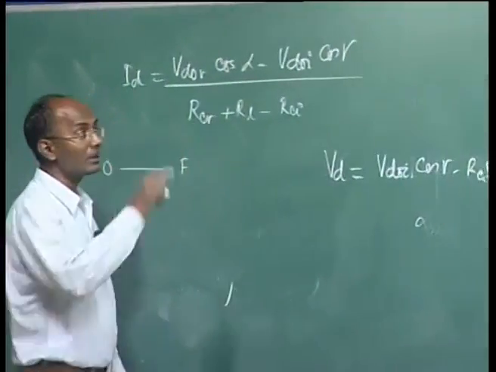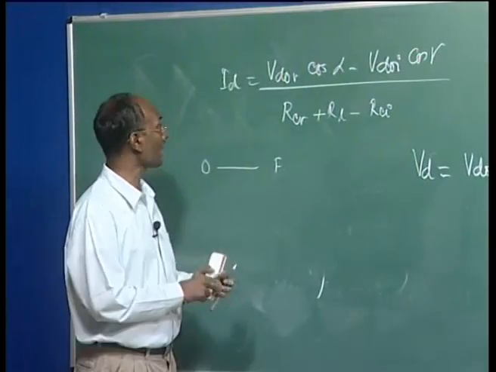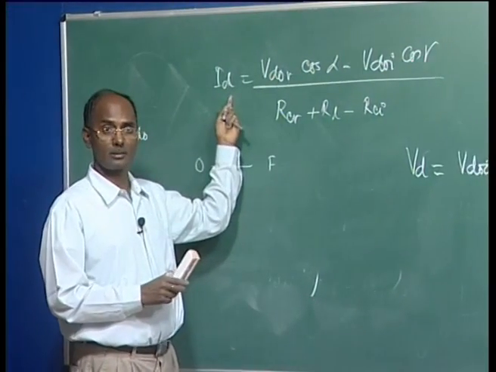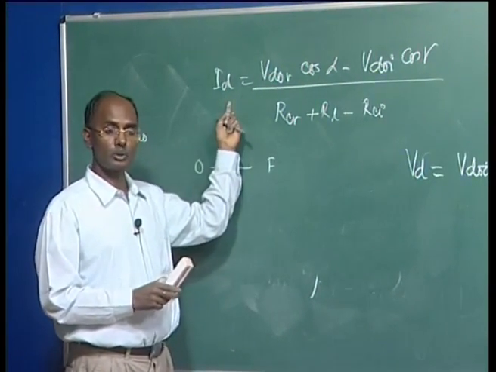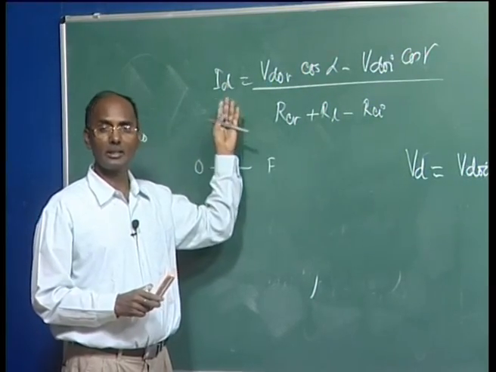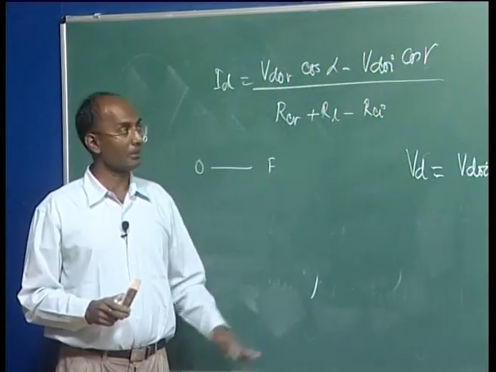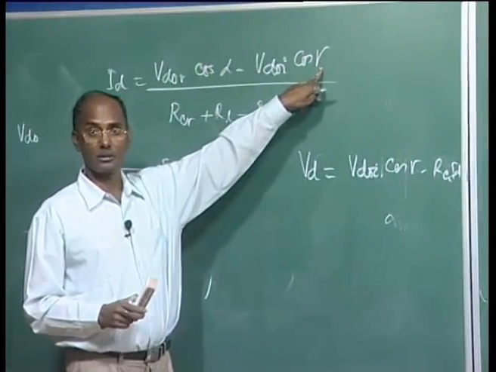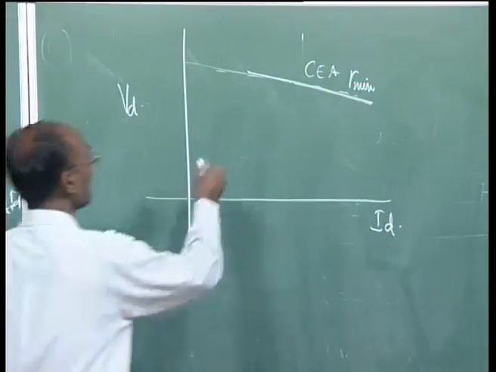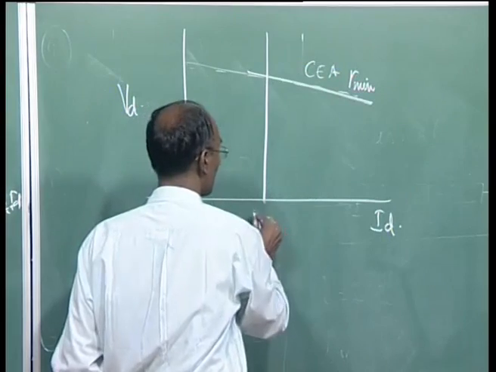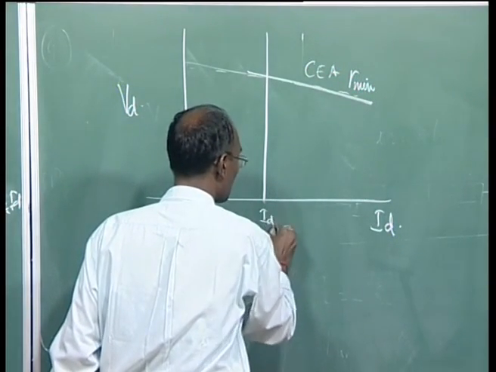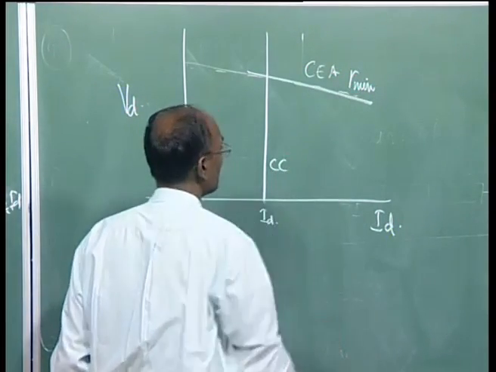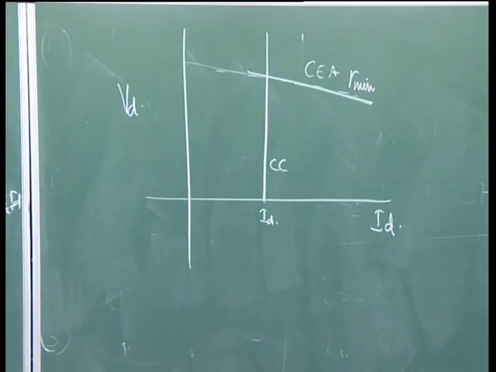Now, if it is in this one, then we require another option that this current should be controlled constant. To maintain it constant, we assign the rectifier to take care of this, because this end we are now fixing. So your rectifier here is your constant current control, and this is your ID rated value, and this is called CC or constant current control, which the rectifier is doing.